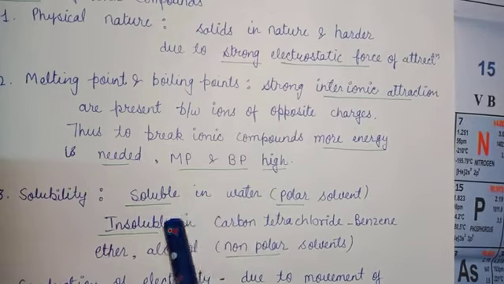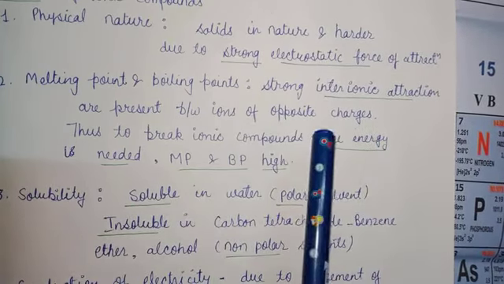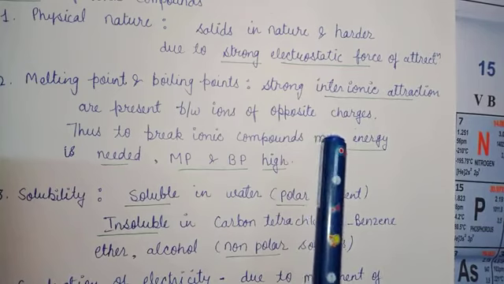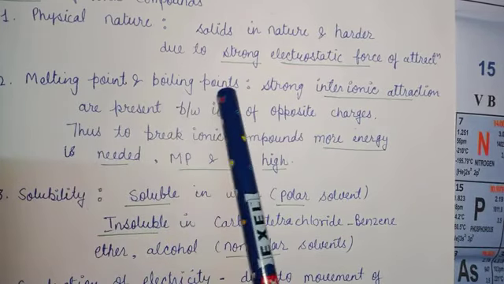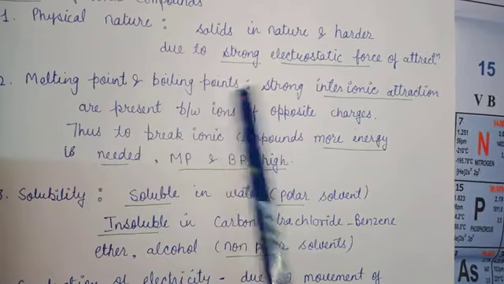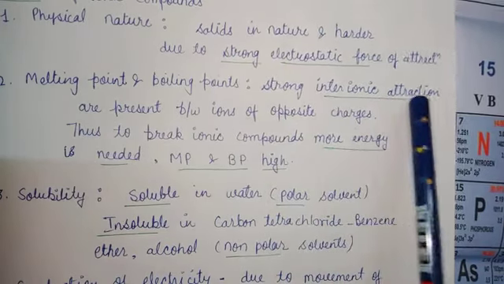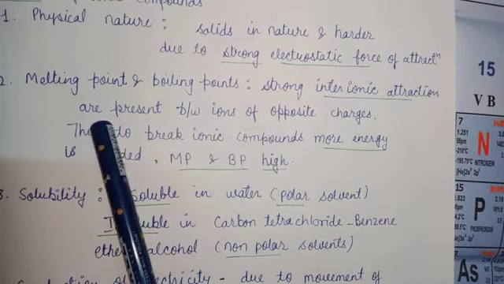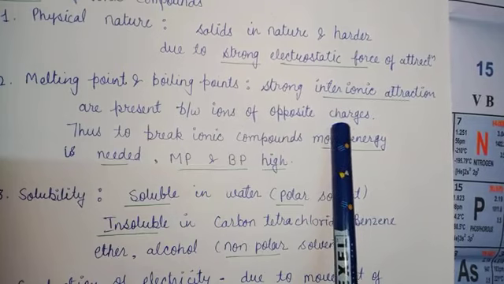Sodium is a positively charged particle and chlorine is a negatively charged particle; they combine and make the compound sodium chloride. The melting and boiling points of ionic compounds are high because strong interionic attraction is present between the oppositely charged ions.